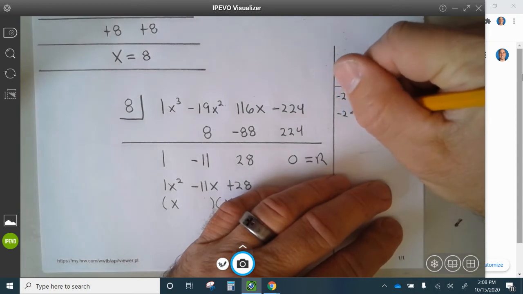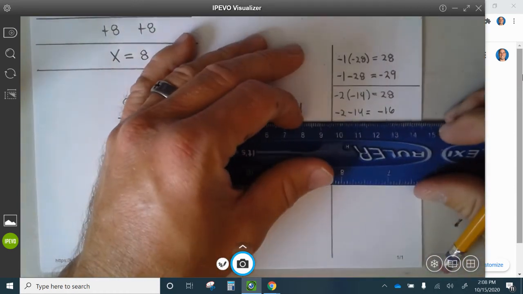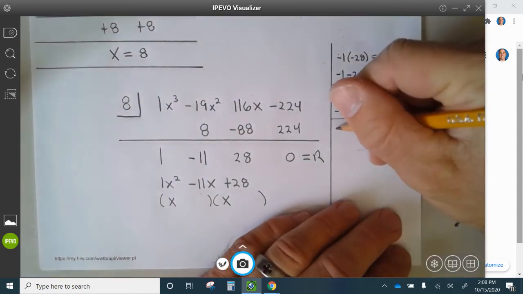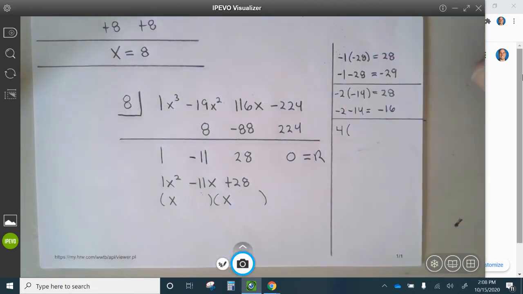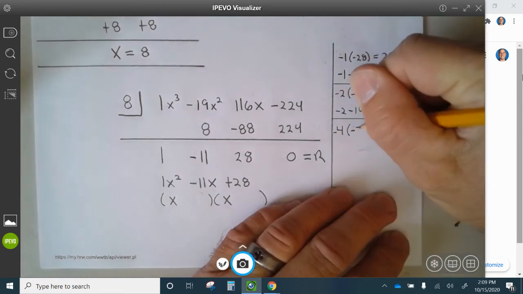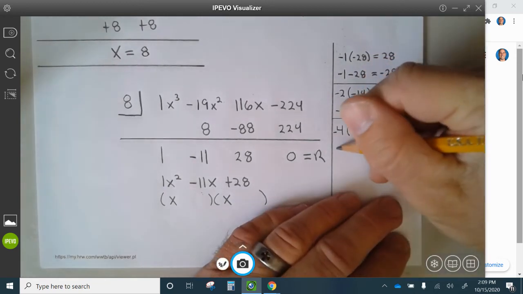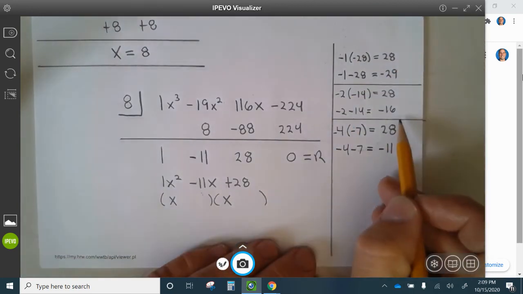Now, -2 minus 14 equals -16. Not -11, but we're getting closer. I don't believe 3 goes into 28, so we can skip 3. 4 does. -4 times -7 equals a positive 28. And then -4 minus 7 equals -11. This is your combination that works.